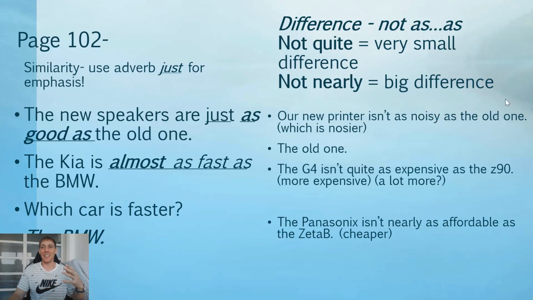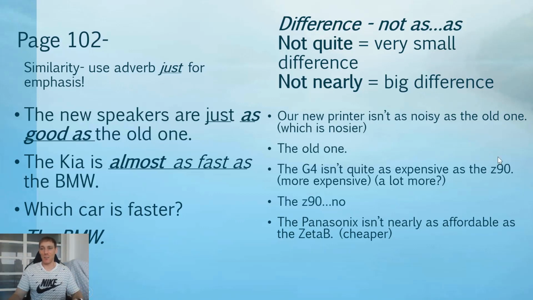So number 2, the B part, is the most noisy. You can see this one is noisier, this one is not noisy. The G4 isn't quite as expensive as the Z90. Which one is more expensive? So isn't quite, is not quite, means there's a very small difference. The G4 isn't quite as expensive as the Z90. Which is more expensive?